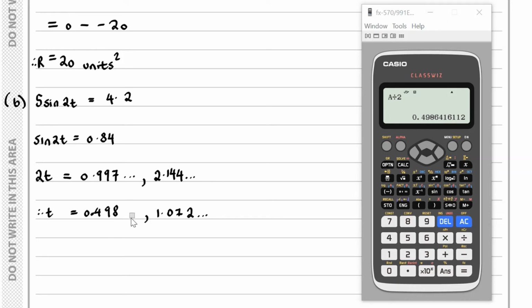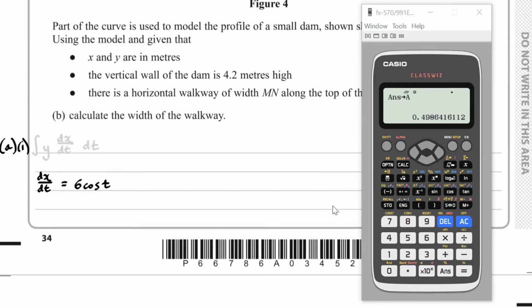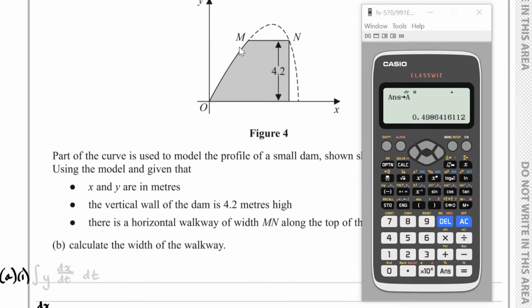Okay, so what we have over here then is, let's store this into a, we have two values of t. And with these values of t, we can then find out what the corresponding x values are going to be. Now, of course, this value here will give the distance directly below n, and the first value will give the value of x from here to here.